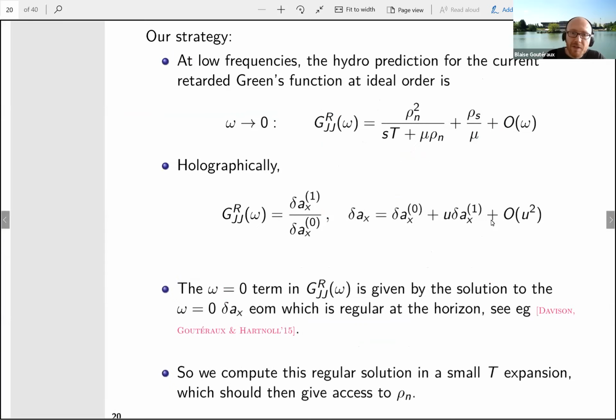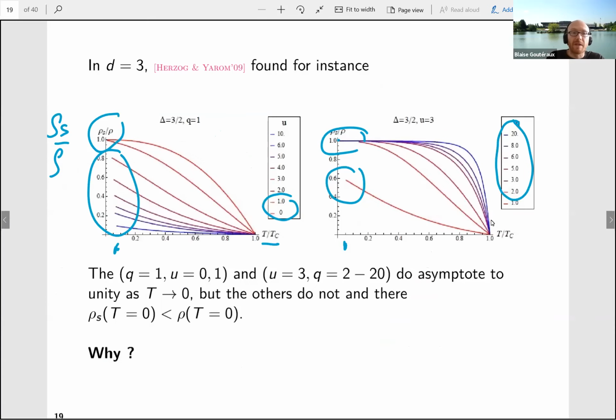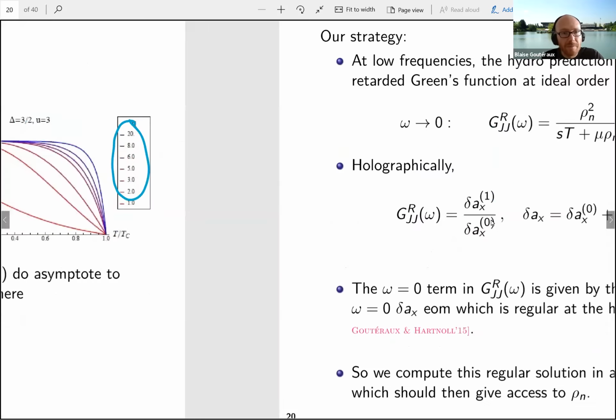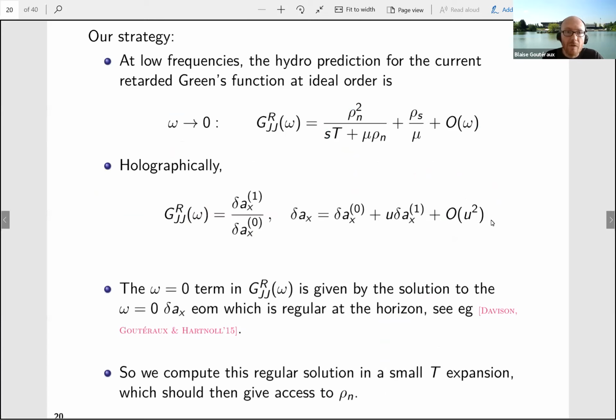Good, so our strategy is to try to explain these results and understand why the superfluid fraction should not be unity at 0 temperature in these systems. At low frequencies, we can compute the hydrodynamic prediction for the current retarded Green's function, and you find this. This is very well known: there are 2 contributions.